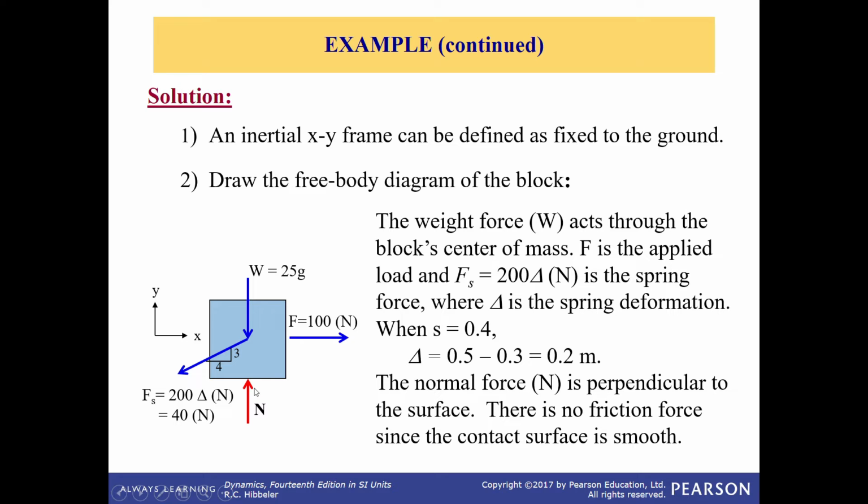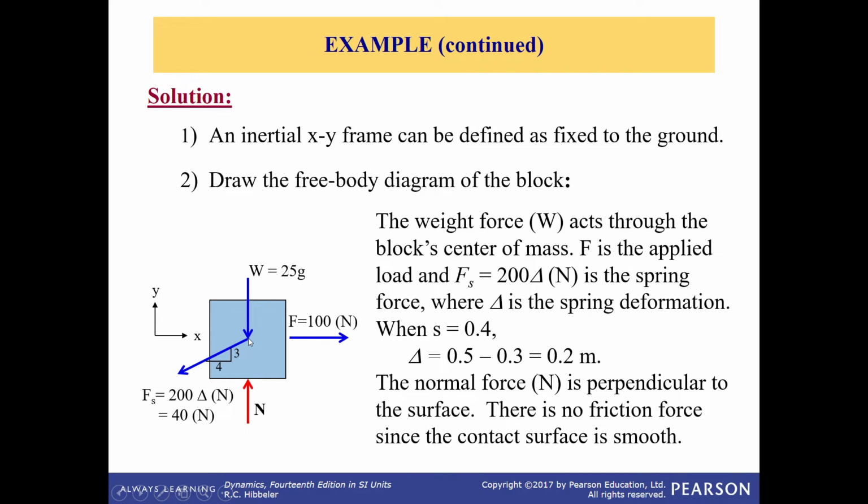If you see here, the ground is perpendicular in this direction, and this is 90 degrees, so it is always pointing opposite to the weight. Right, so where's the spring? Okay, the spring is here.